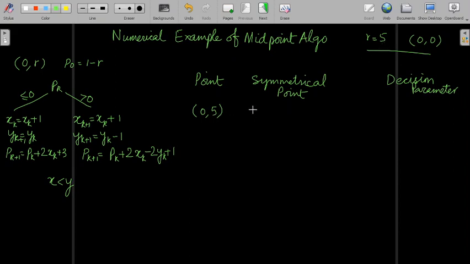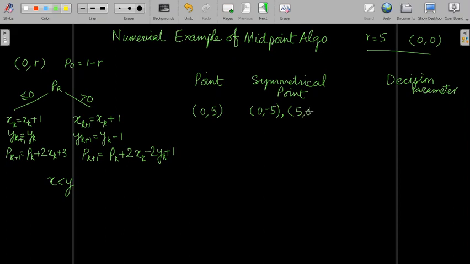And out of symmetry we will get more points. We will get minus 0, 5, which is the same, so therefore I do not repeat it. Then we will have 0, minus 5. Then we have minus 0, minus 5. Minus 0, 5 will be similar to this point, so let's not repeat it. Then we have points obtained by swapping x and y coordinates.